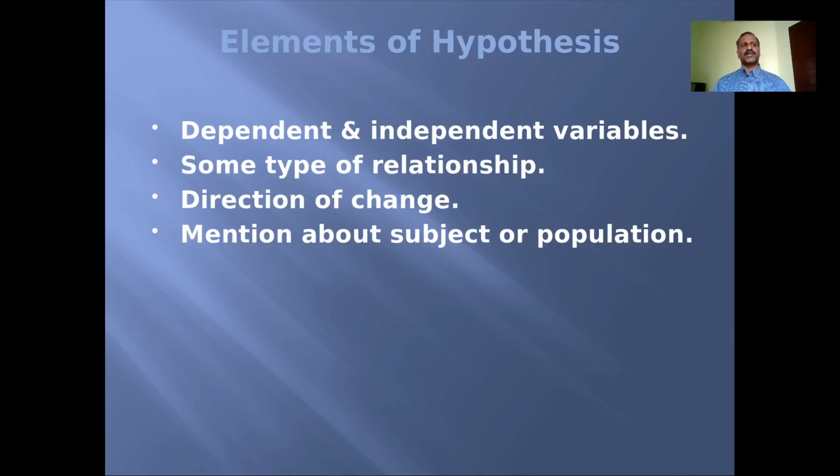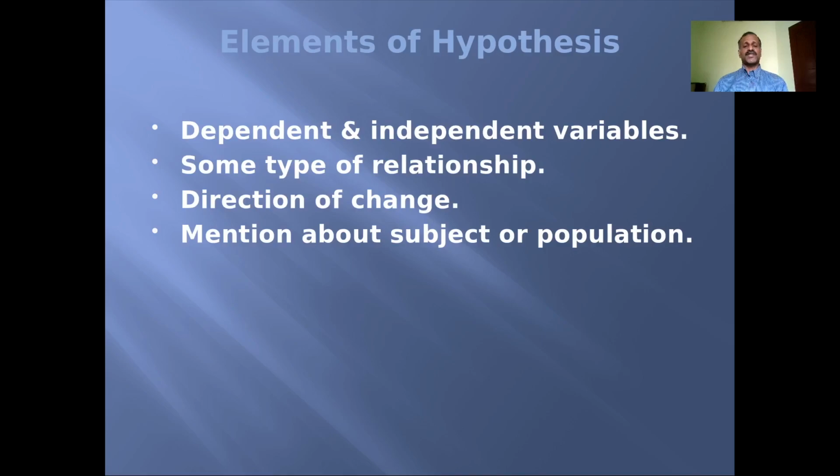For example, a person A and a person B in a classroom. If the class teacher says that there is a good relationship or a bad relationship between these two students, that's the element. Some type of relationship is needed to establish a hypothesis.